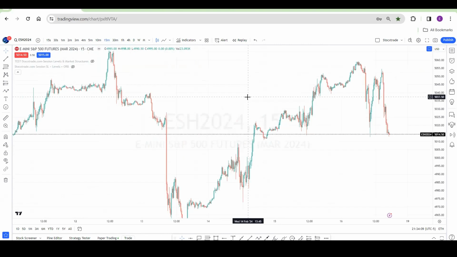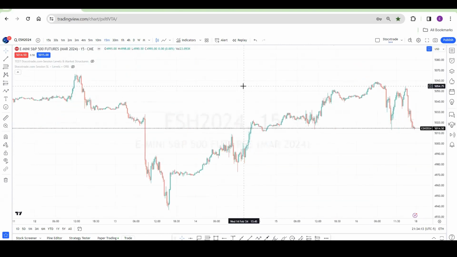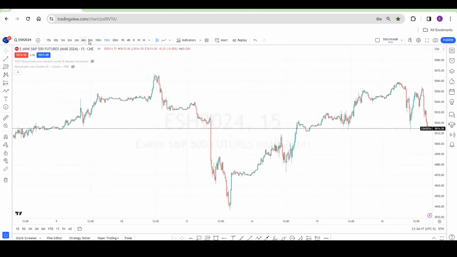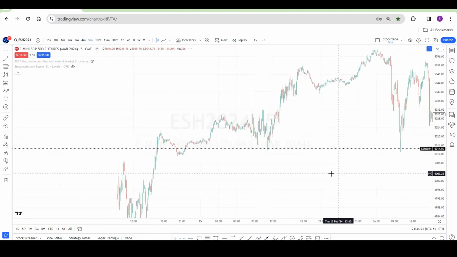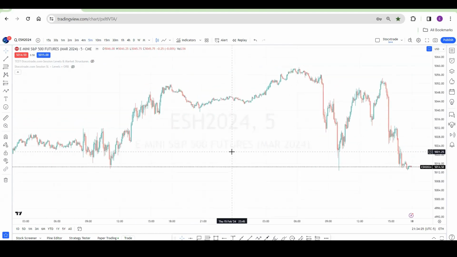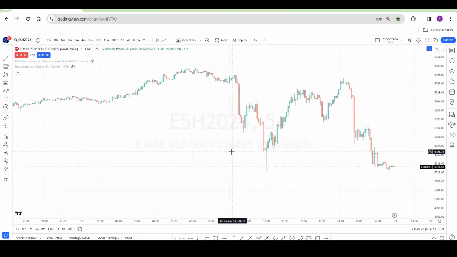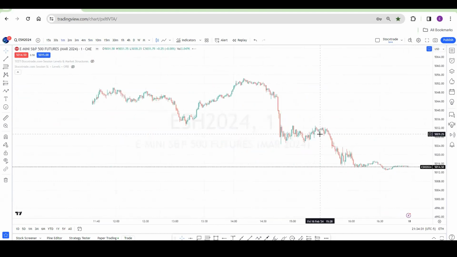Can you see the chart or the WhatsApp? No, the chart. Okay, so Irfan bhai, without marking, leave the extended breaker block. Just play with the fresh demand zone and supply zone.